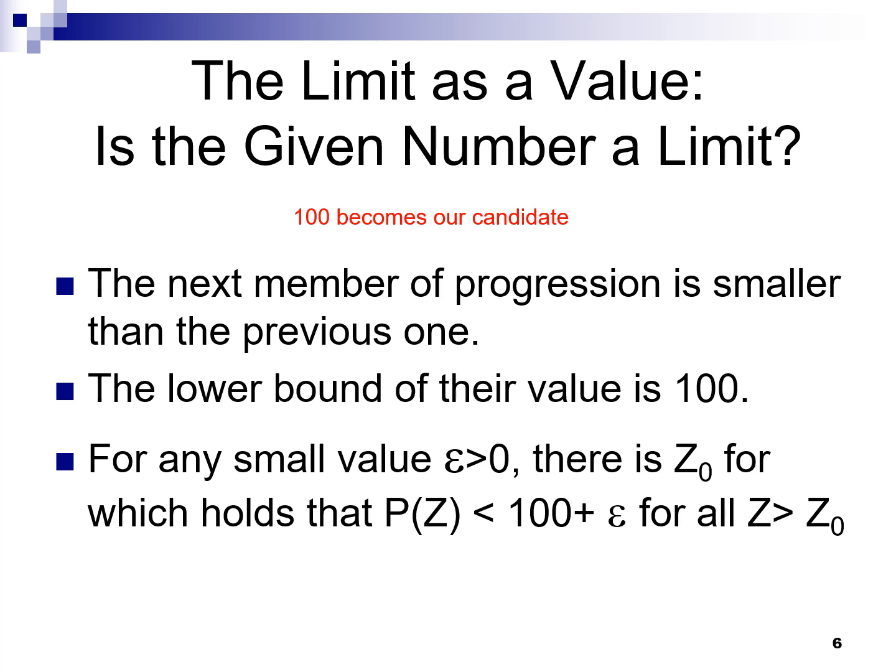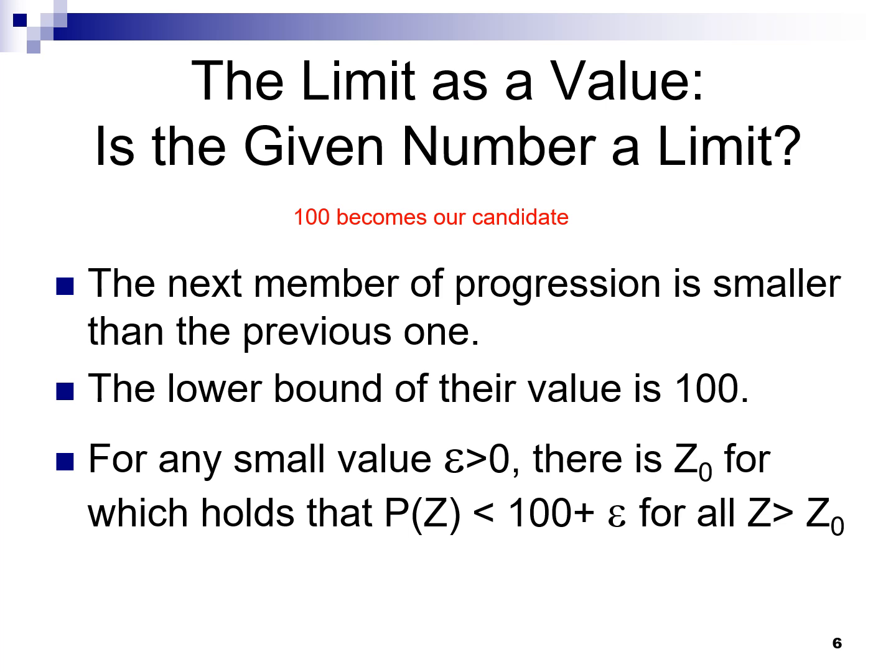First, we have to show that in the sequence, the progression has declining members. So every next member is smaller than the previous one. But on the other hand, none of those is lower than 100.